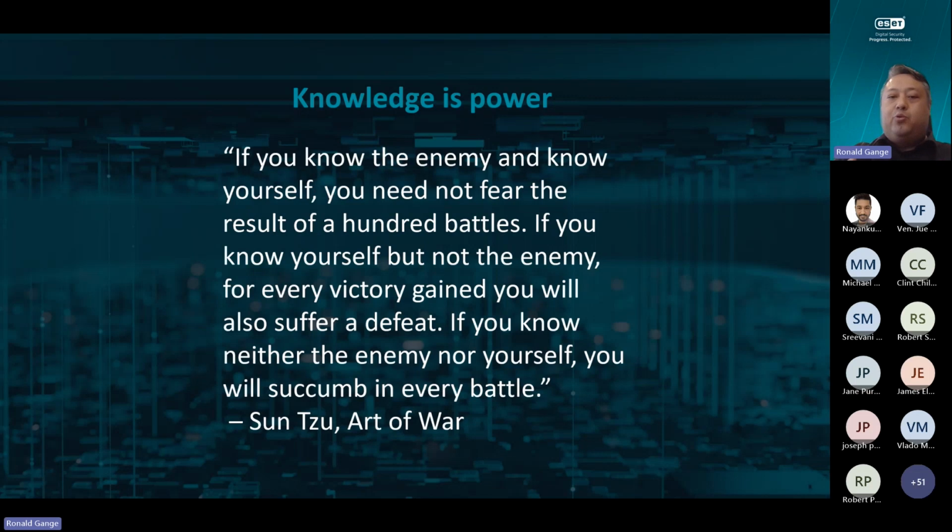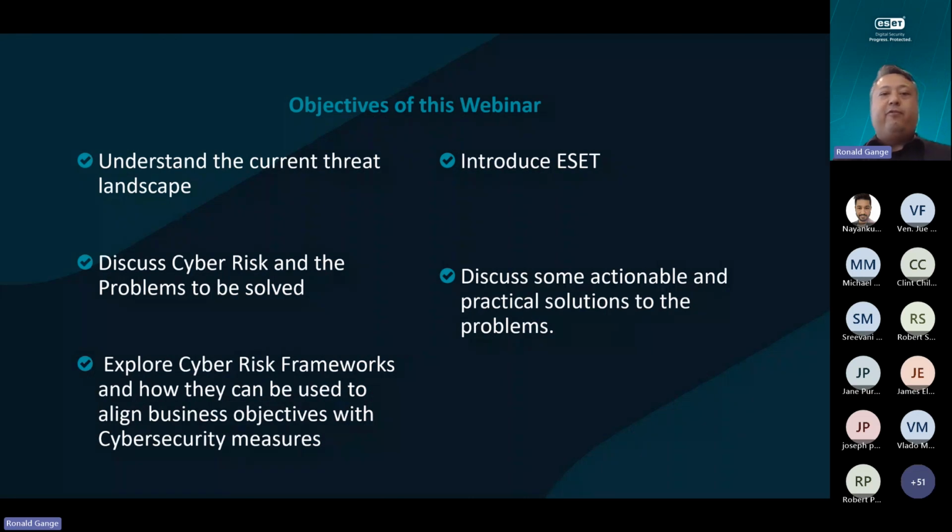What we're really trying to do is protect companies to mitigate cyber risks: operational, financial, and reputational loss. The objectives for this webinar are: 1, to understand the current threat landscape. 2, to discuss cyber risks and the problems to be solved. 3, to explore cyber risk frameworks and other initiatives and types of controls that can be put in place to allow businesses to respond to cyber threats.